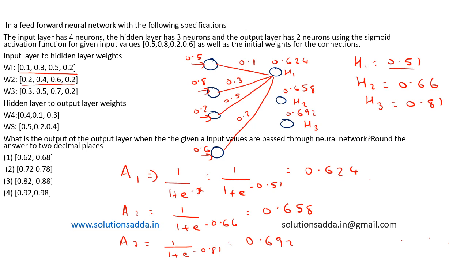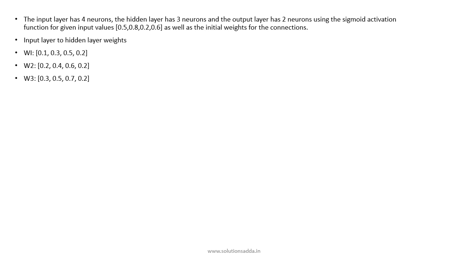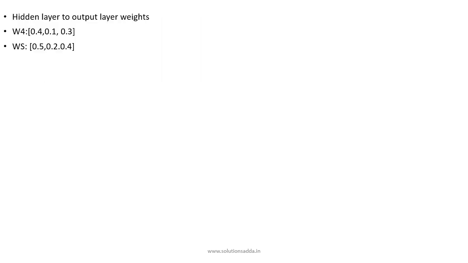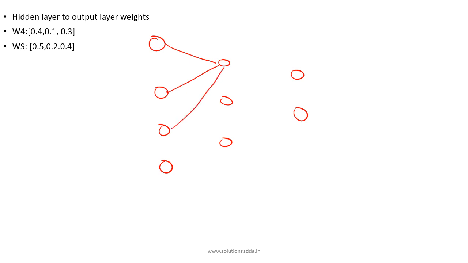Now this will be passed on to the final output layer. So let's take that case also. Now we have this basic structure: 4 input nodes, 3 hidden nodes, and 2 output nodes. All the connections up to here have been finalized.